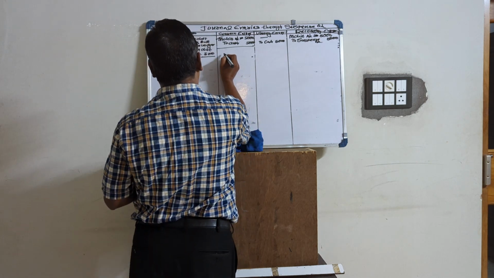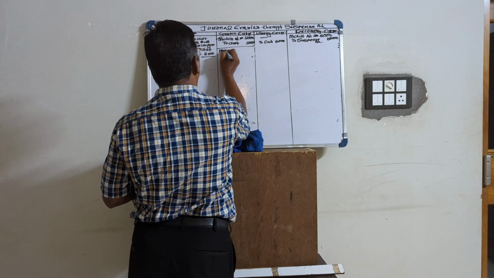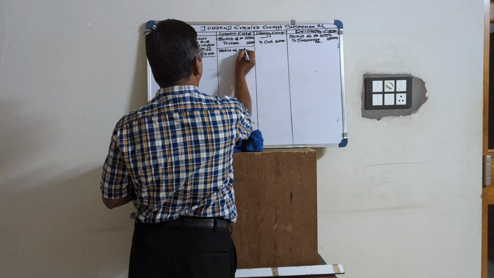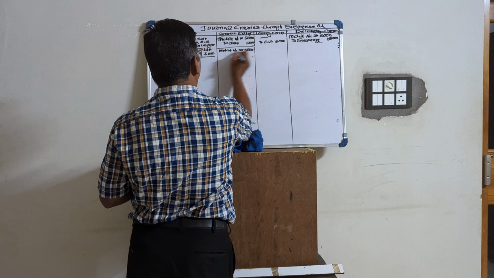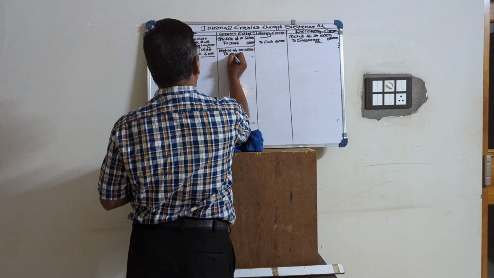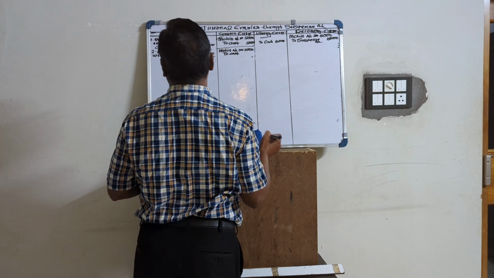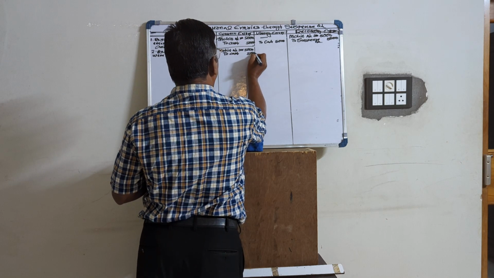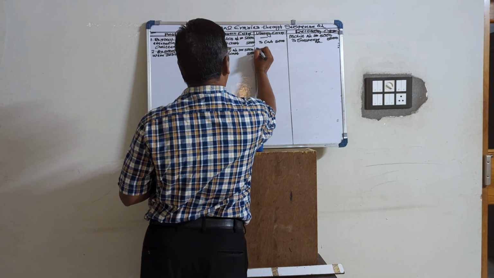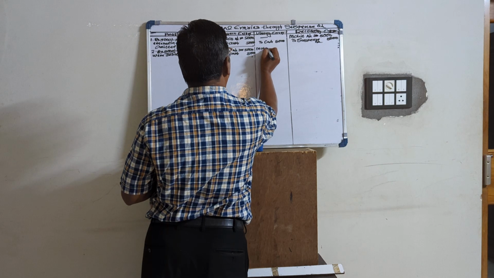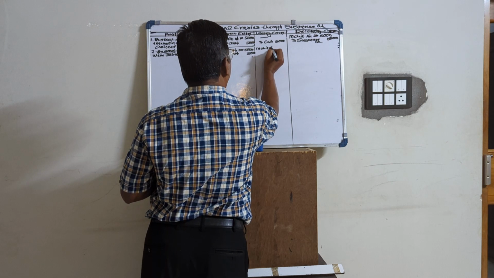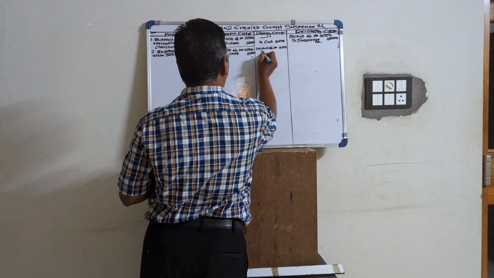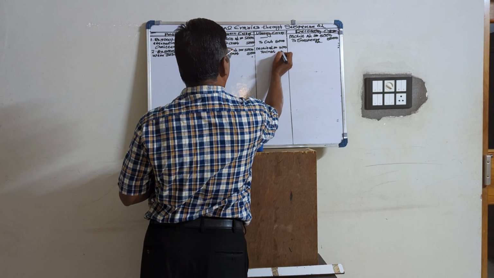So what is the correct entry? Mohit account debited, debit the receiver, this is 5,000, to cash 5,000. Cash is correctly credited. Mohit is wrongly debited. The wrong entry is Mohit account debited for 500 only, to cash. So this is a one-sided error.